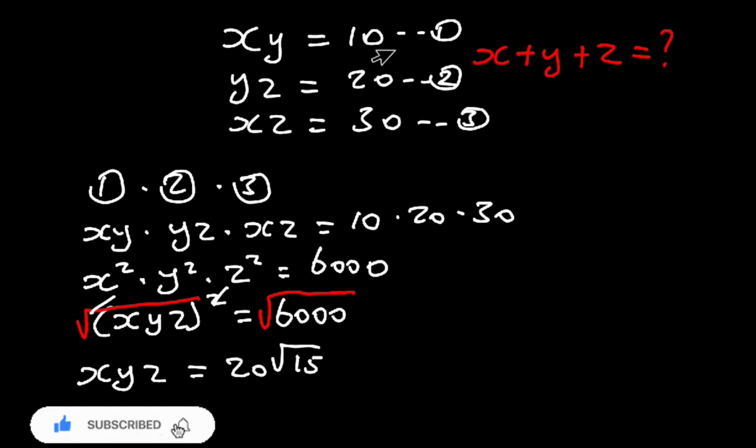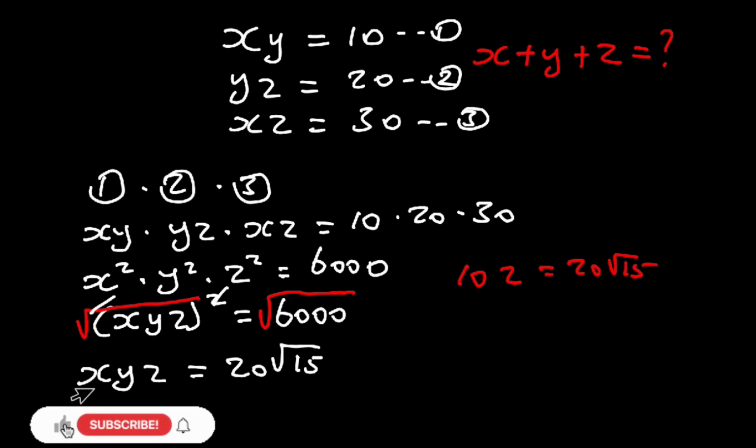Now in this question, we have that xy is equal to 10, yz is equal to 20, and xz is equal to 30. So we're going to substitute xy to be 10 in this equation to find z. If you do that, we're going to have that 10z is equal to 20 root 15 because xy is equal to 10.